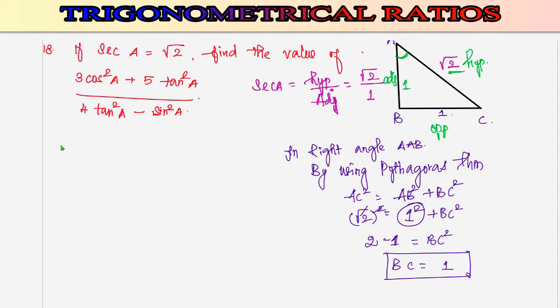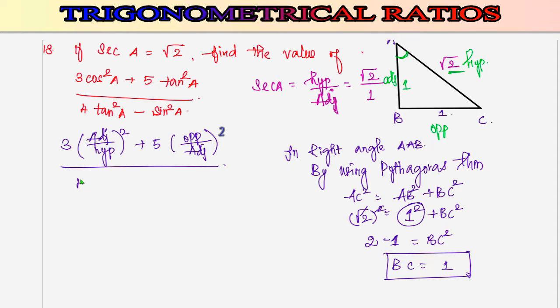Now 3 into cos formula is adjacent divided by hypotenuse side whole square plus 5 into tan formula is opposite by adjacent side whole, divided by 4 into tan value is opposite divided by adjacent whole square minus sin is opposite by hypotenuse side whole square.